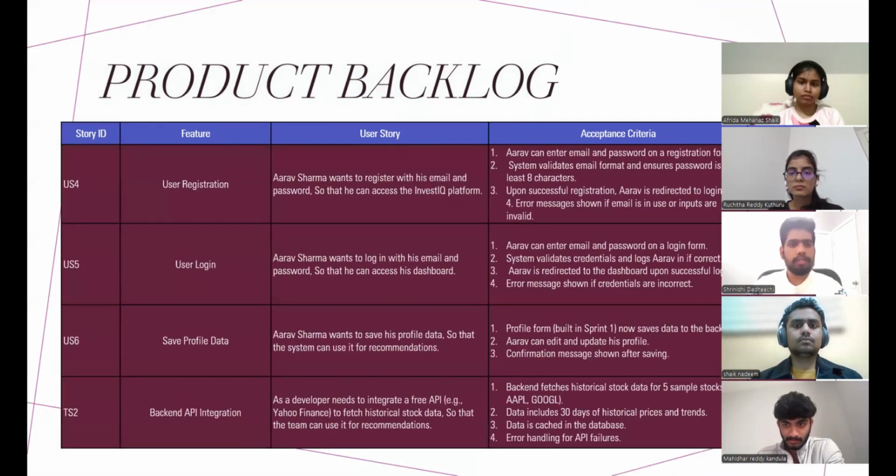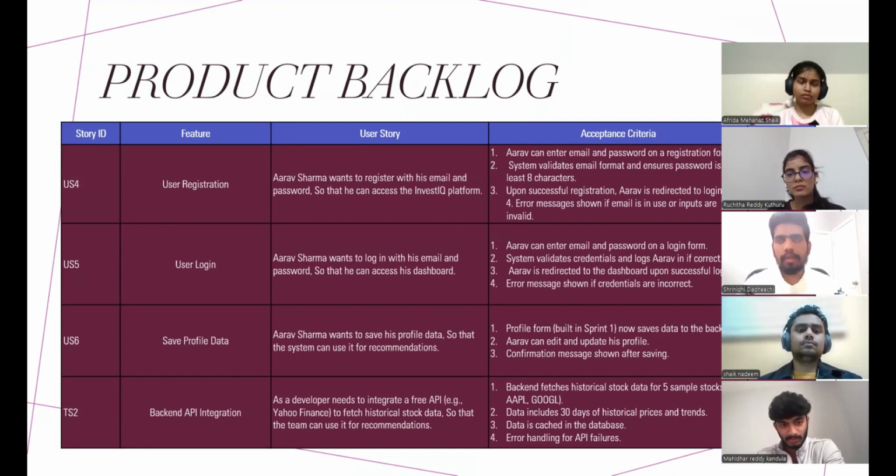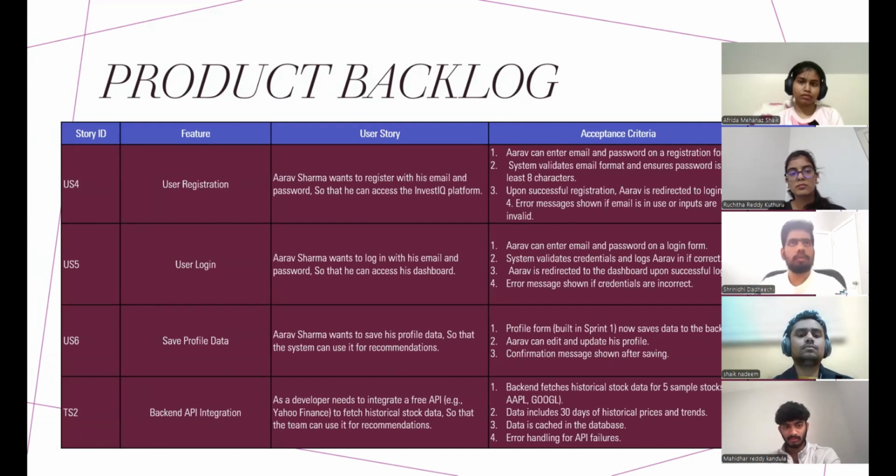Coming to the next set of features in the next slide. We have user registration, where users create their profiles using emails and passwords. The acceptance criteria would be email format validation, security measures including input validation and output encoding, 8 character passwords, and successful redirects to the login page.